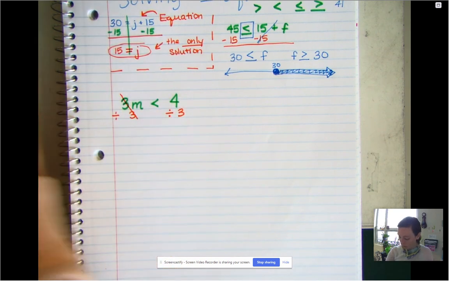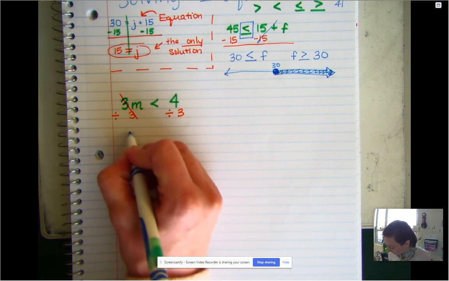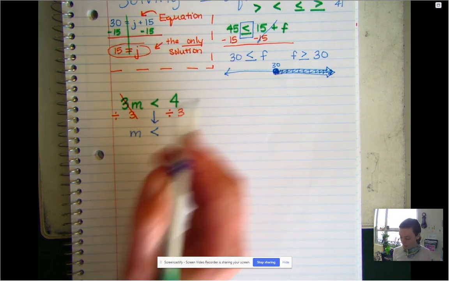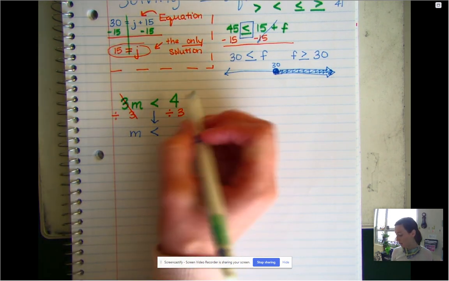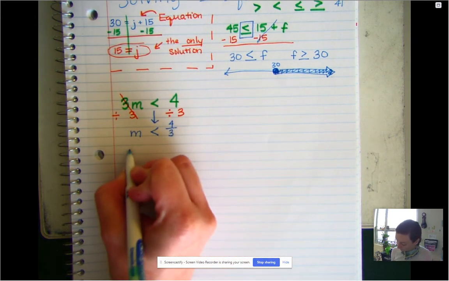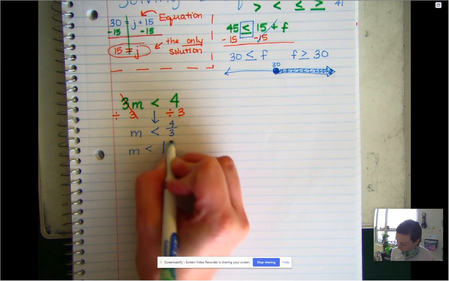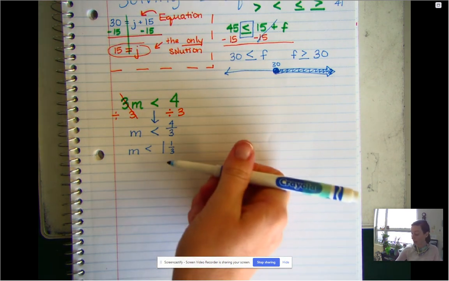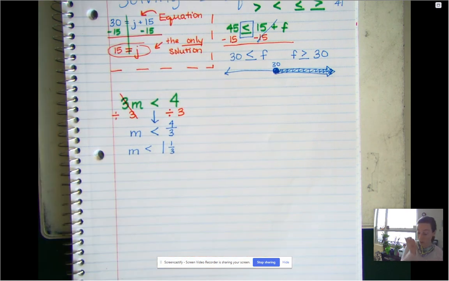This cancels out, so I'm left with m on this side. I keep the sign. m is less than 4/3, I could write it like that, or I could say m is less than 1 1/3, because that's what it would be as a mixed number. Then I could graph that just the same, open circle on m, and in this case, it would be anything less than 1 1/3.